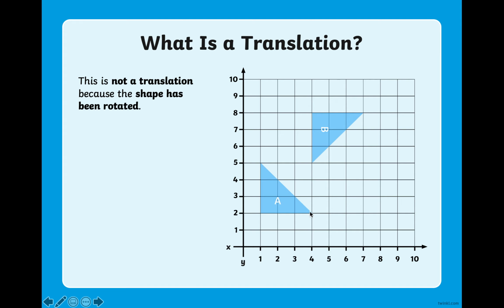This point actually rotated 180 degrees, right? So if this one came here, it rotated 180 degrees. Each of these points, even this and this, both rotated 180 degrees. You can tell that it moved 180 degrees because it moved from this corner to the other corner, right?